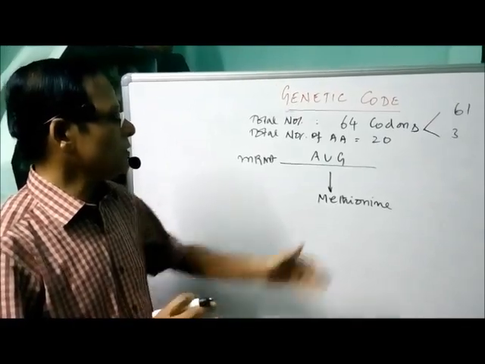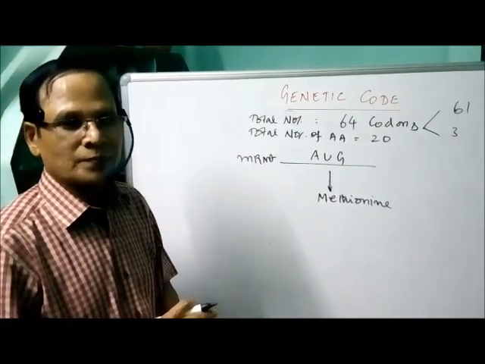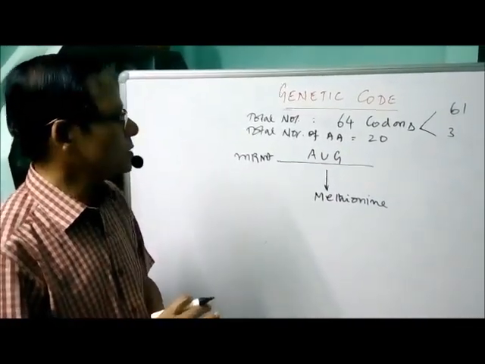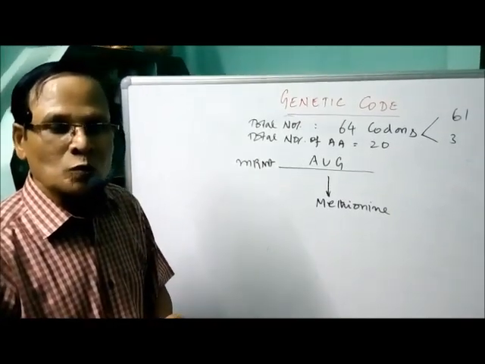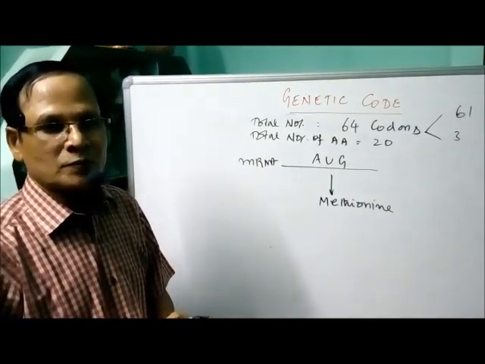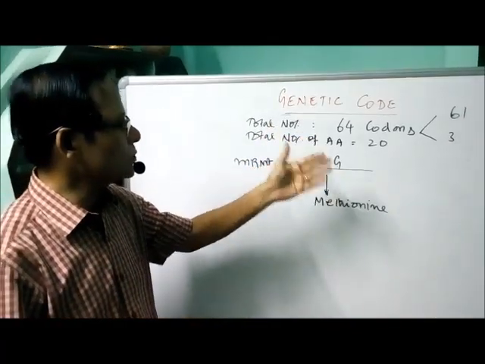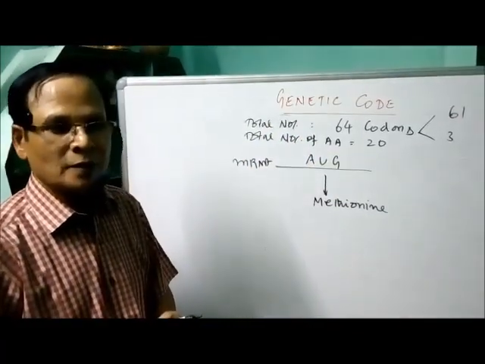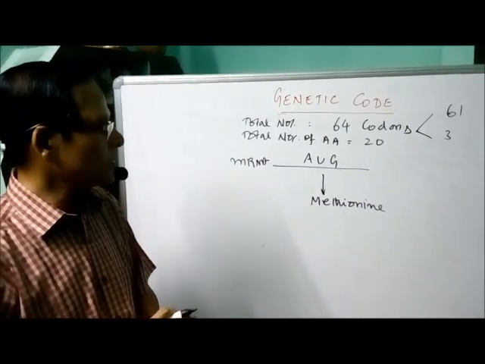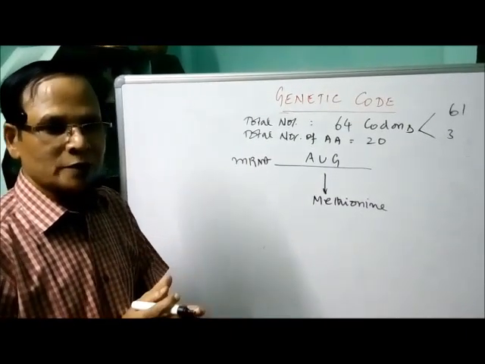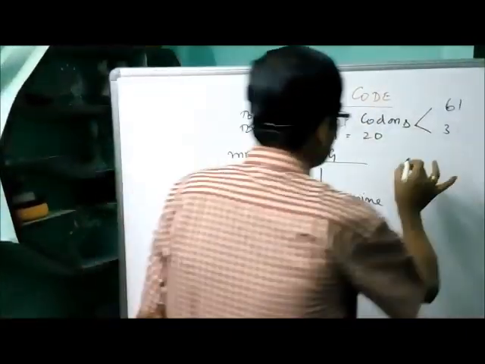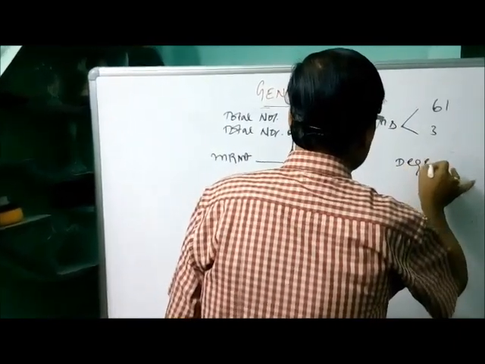Now, as we have 20 different amino acids, there is more than one codon for each amino acid, because the number of codons is more when compared to the amino acids. So this property is called degeneracy of codons.